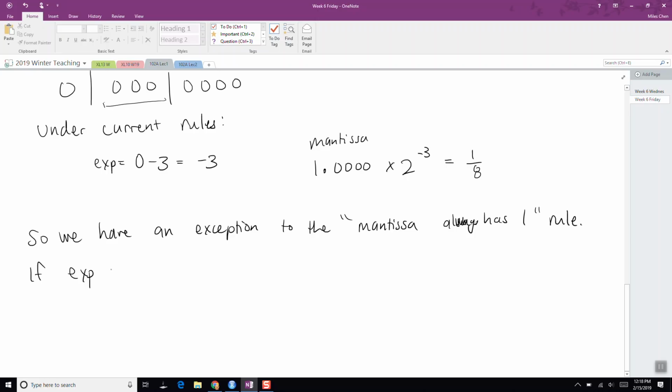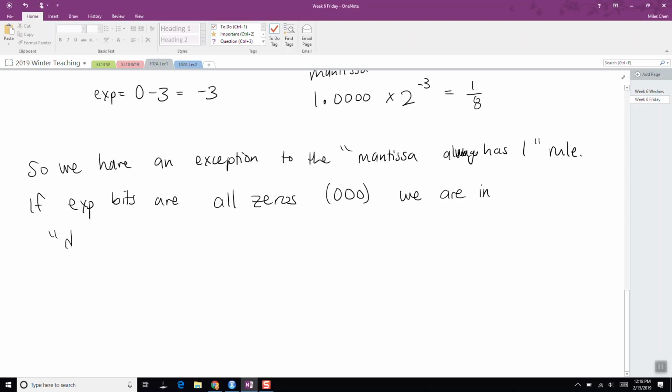If the exponent bits are 0, 0, 0, or are all zeros, we are in denormalized or subnormalized mode, okay?